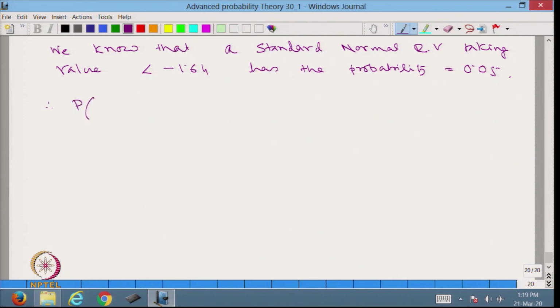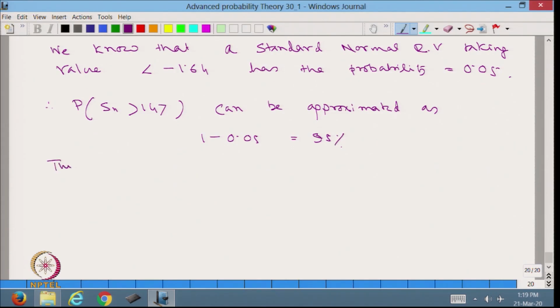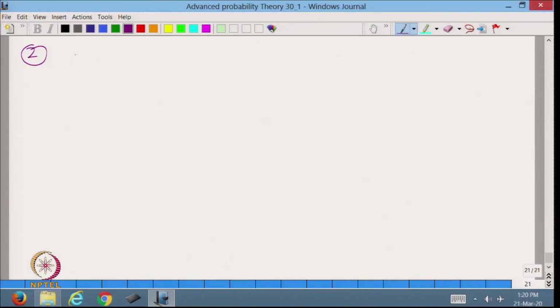Therefore, the probability of Sn greater than 147 can be approximated as 1 minus 0.05, which is equal to 95%. This we can do using the central limit theorem.